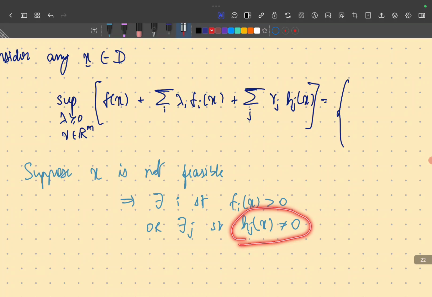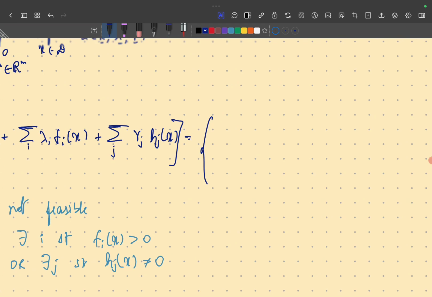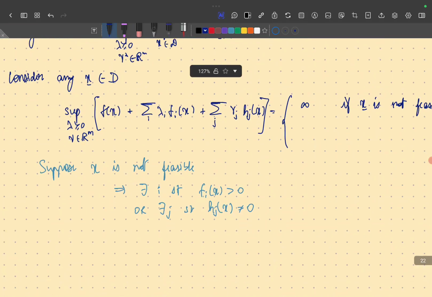If hj of x is negative, then you decrease nu j up to minus infinity, and this whole thing goes to plus infinity. So the supremum is equal to plus infinity if any of the constraints are not satisfied, if x is not feasible.